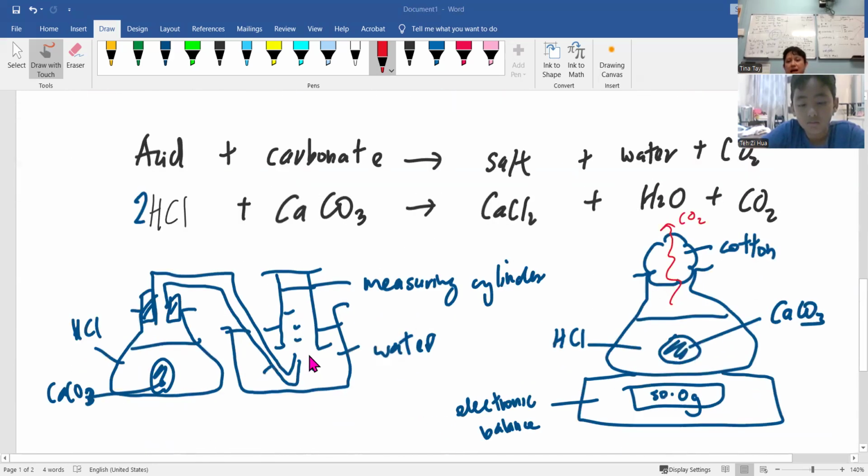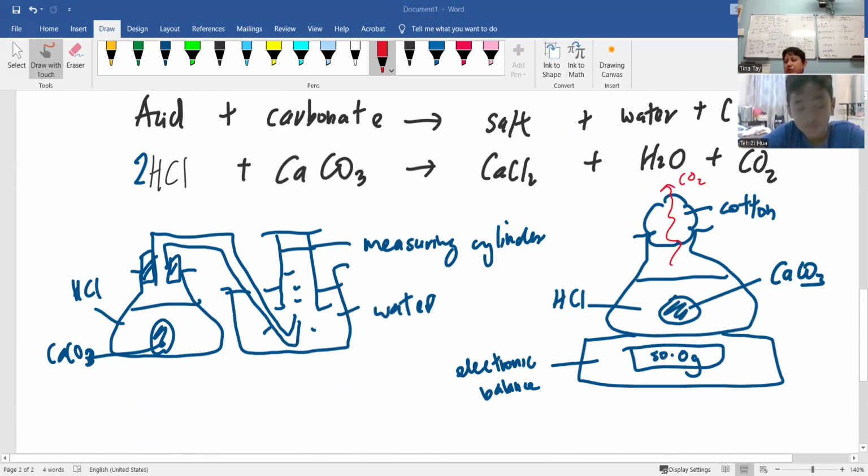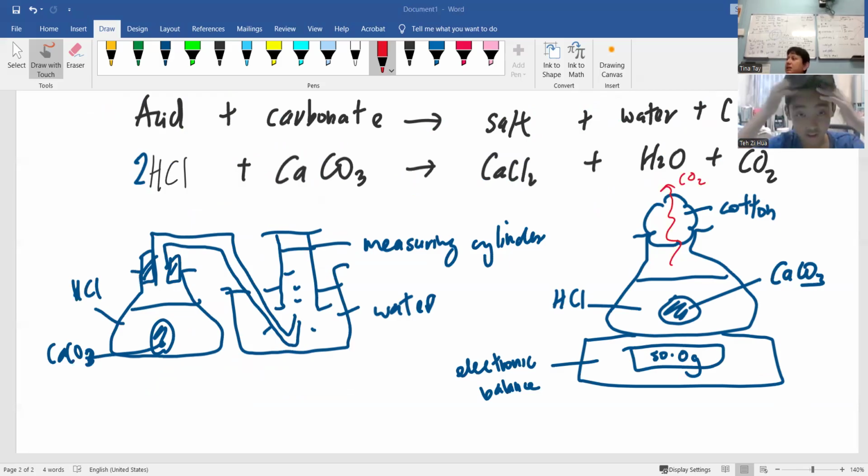That means here I put zinc and hydrochloric acid. What do you think is a good way to do the experiment?